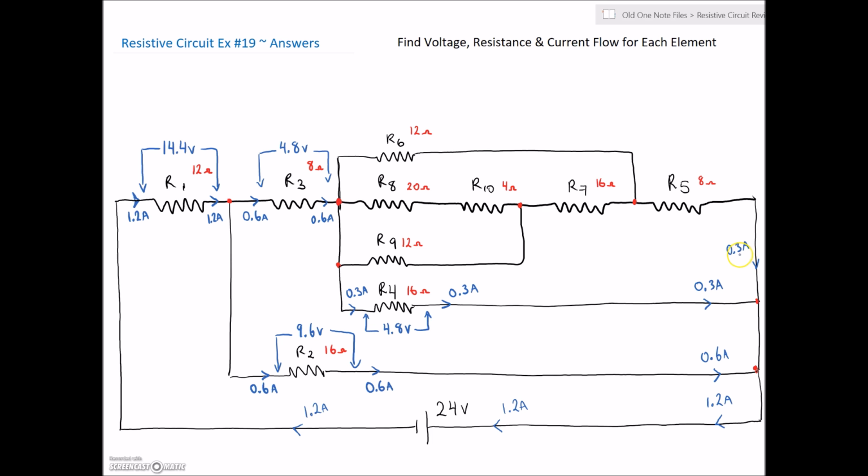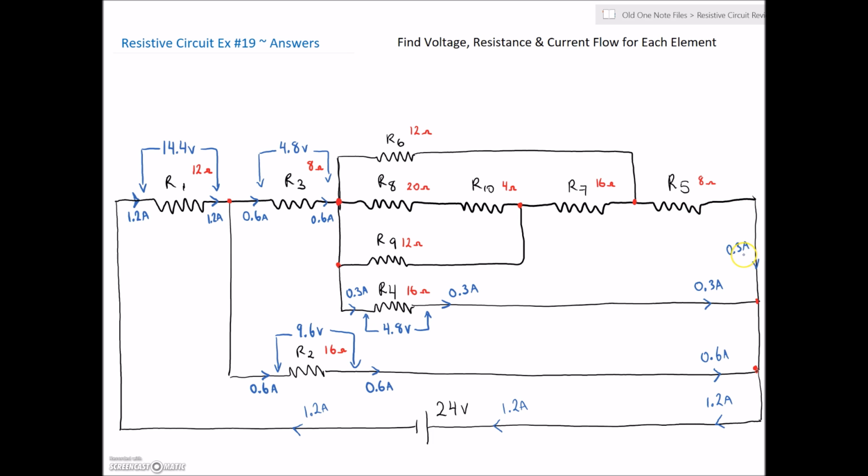Now that current, if we compare it, should be the same as the current on the remaining lines here, which it is. We have 0.6 going into this parallel node, 0.3 coming down here, leaving us with another 0.3 amps that's going to flow through all of these guys and recombine here.